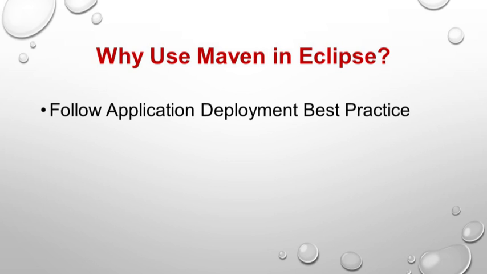So because of that, they need to have a very good build process. And then Maven provides an excellent tool for a DevOps team to build a system on a continuous basis.